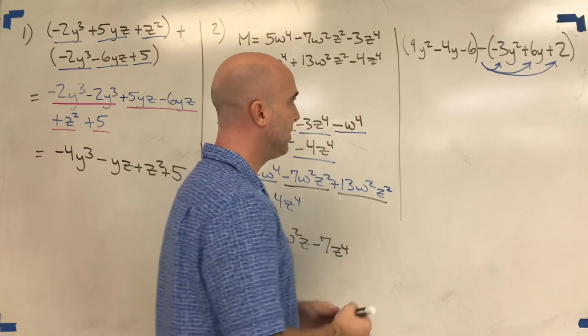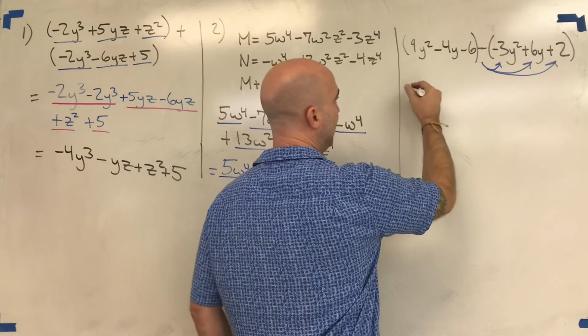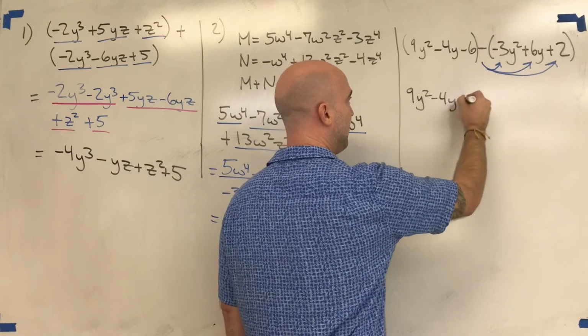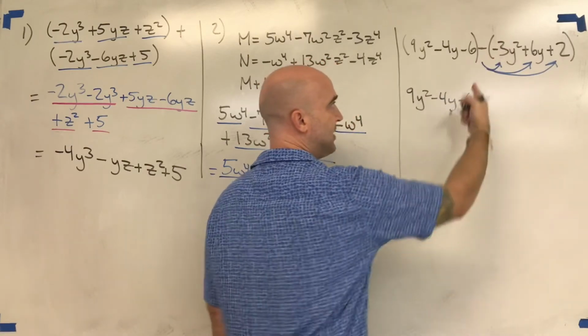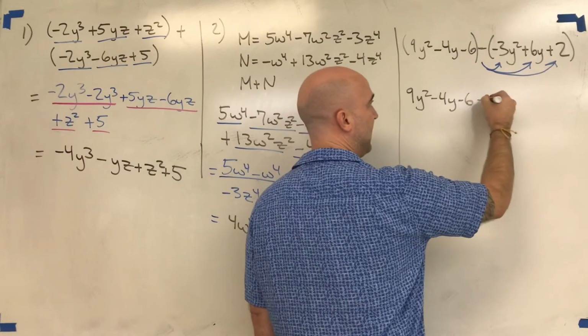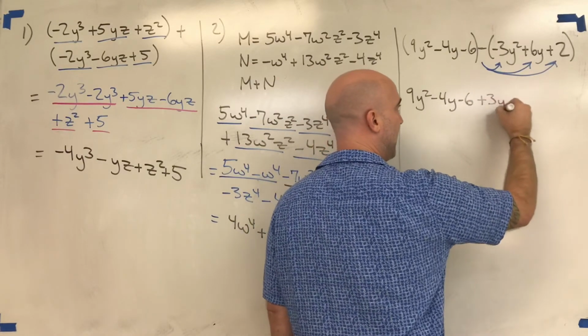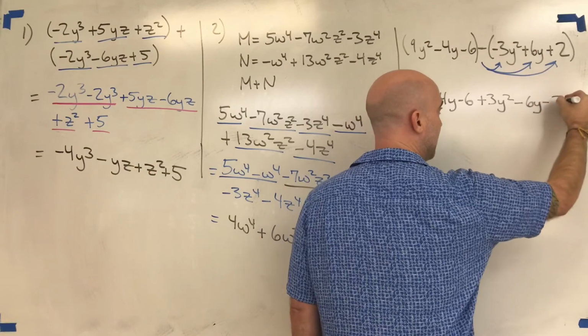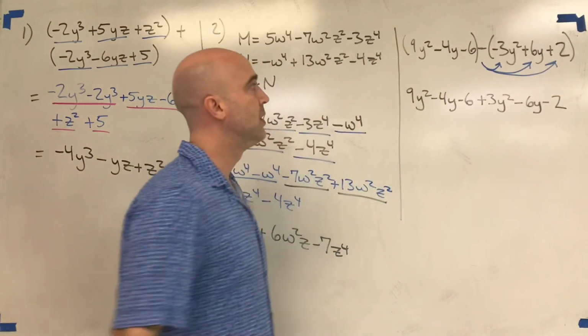So I'll rewrite it. On the left, it doesn't change: 9y squared minus 4y minus 6. And then it's a sign change that's happening here. So that negative 3 turns into a plus 3y squared minus 6y minus 2.